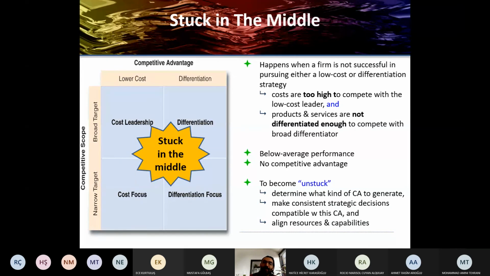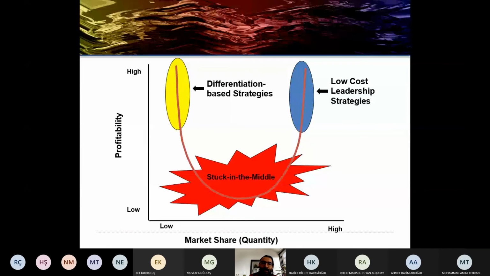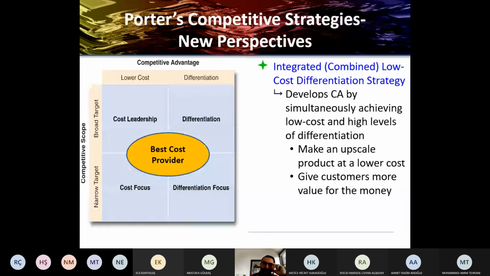Porter says that profitability is high both in differentiation strategy and low cost strategy. However, if you try to do both, you cannot enjoy this, he says. However, some other newer perspectives say that you can apply them both at the same time, simultaneously.